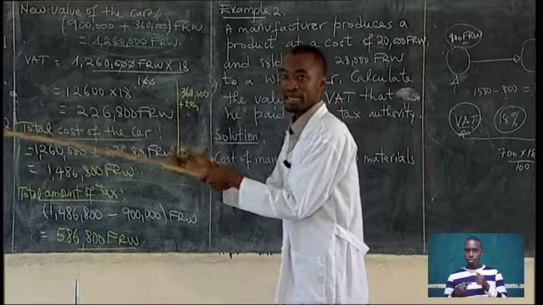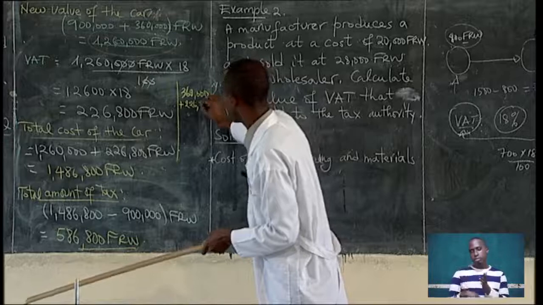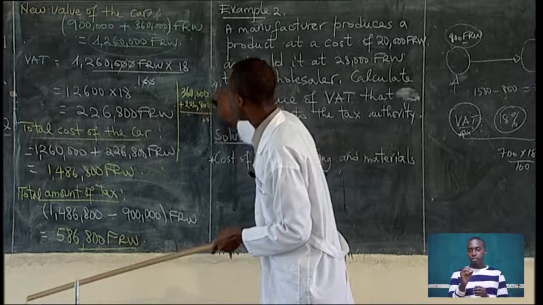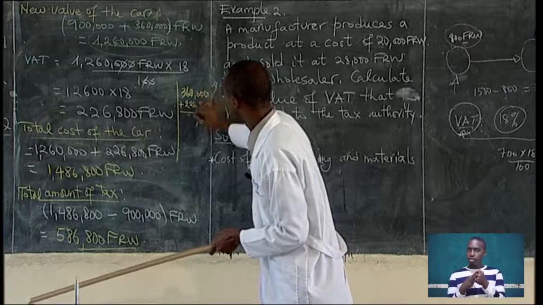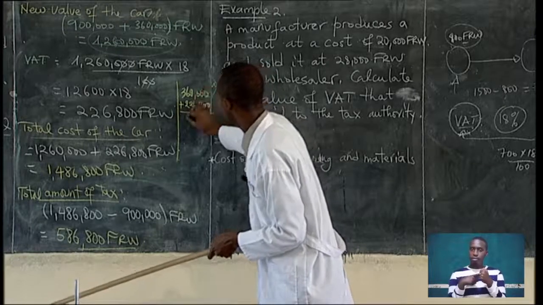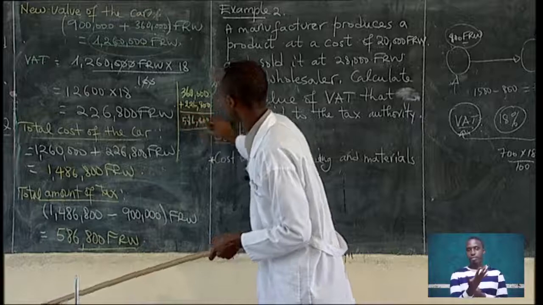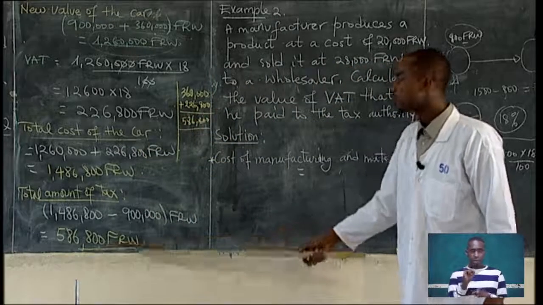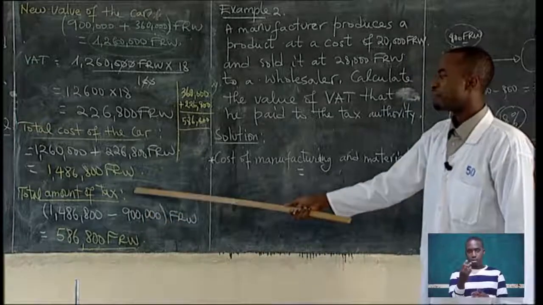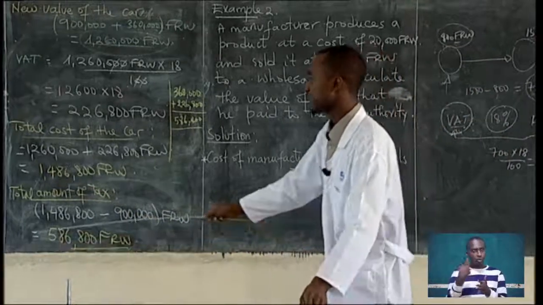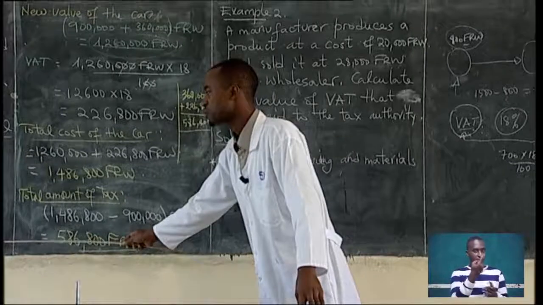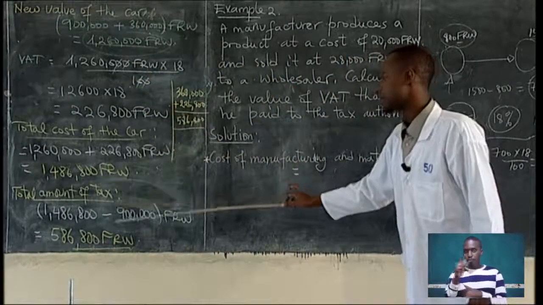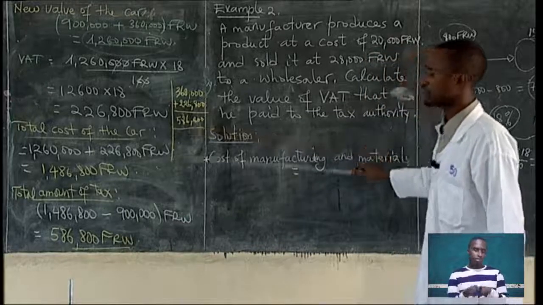To add the taxes, you will get 586,800. You see, we are getting the same value as this one. So there are two ways you can calculate this total amount of tax. You take the first one, which is the custom duty, and you add the VAT, and then you see they are giving the same value.